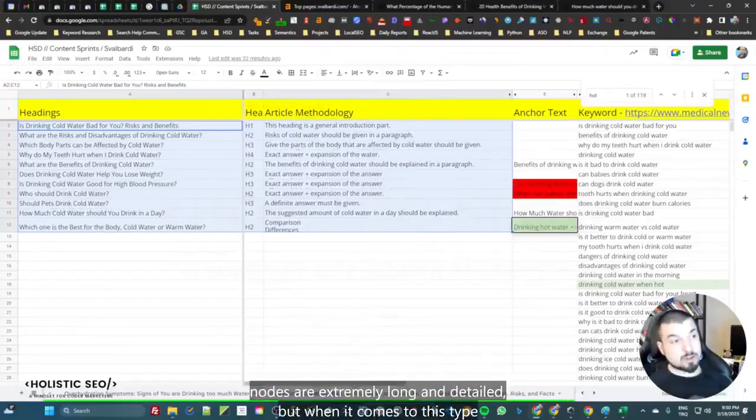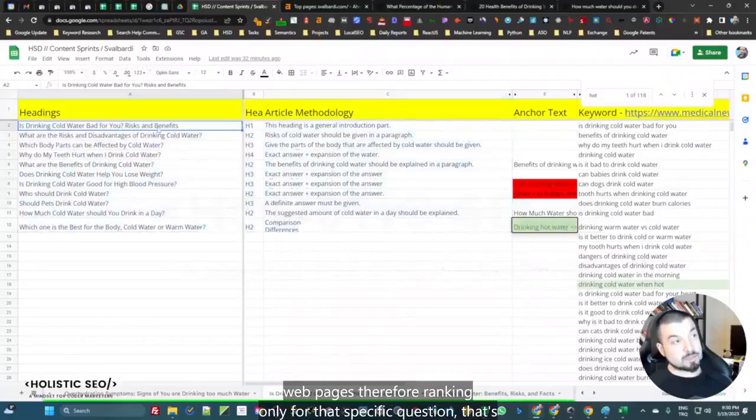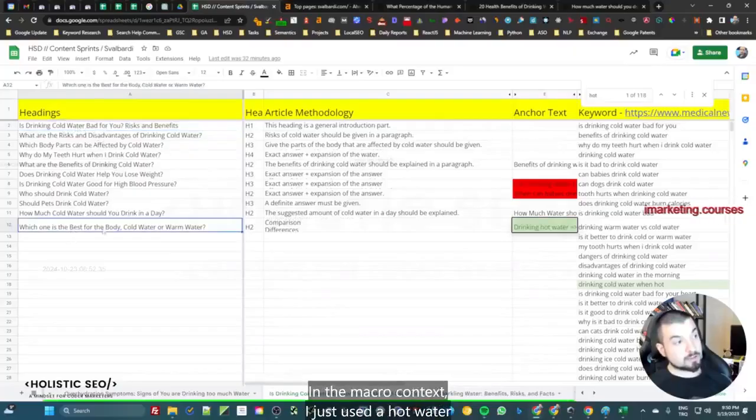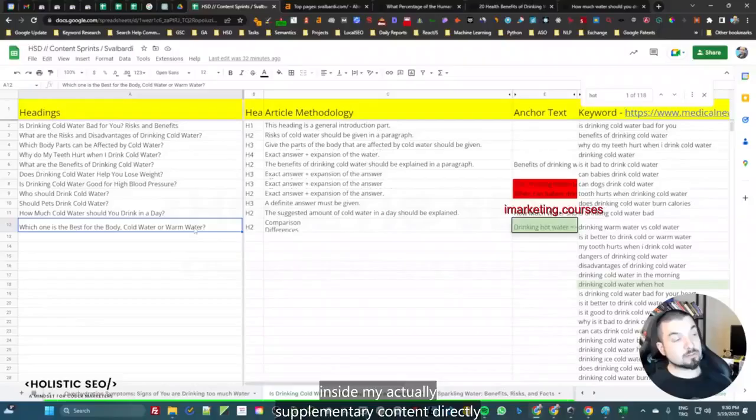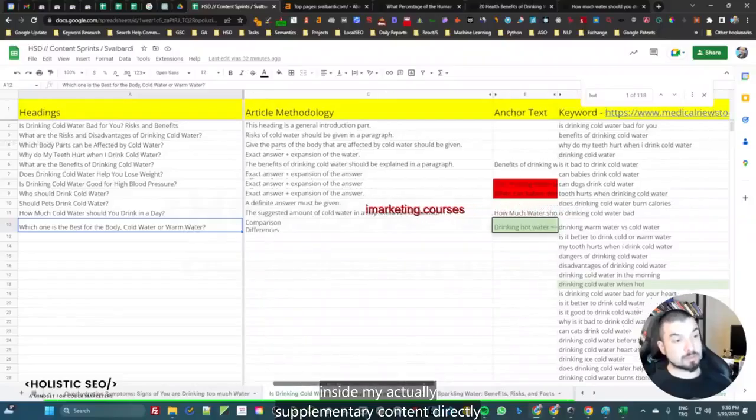Quality notes are extremely long and detailed, but this type of Boolean question web page ranks only for that specific question. That's why I didn't include both cold and hot water together in the macro context. I just used the hot water inside my supplementary content directly.